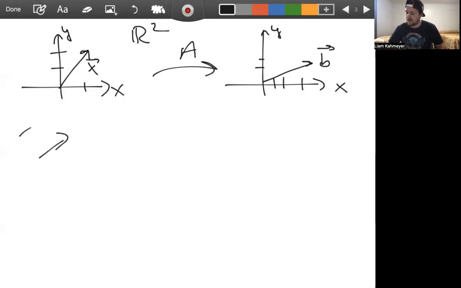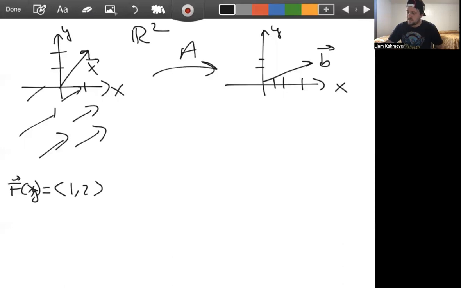Let's say we had the vector field f of xy equals 1, 2, where every vector is the vector x here.